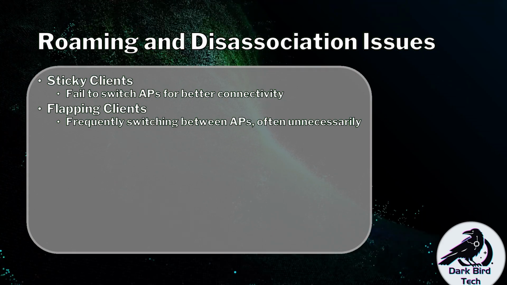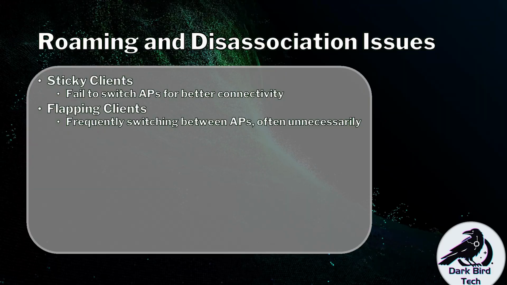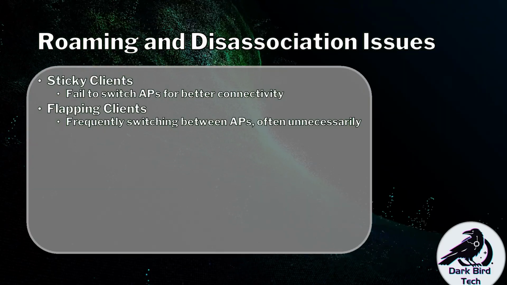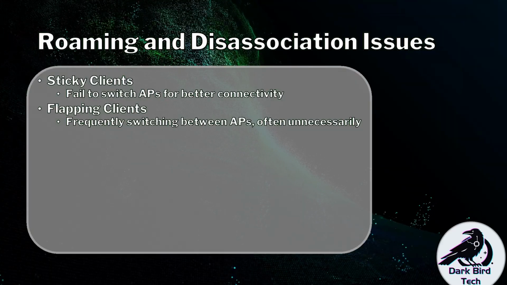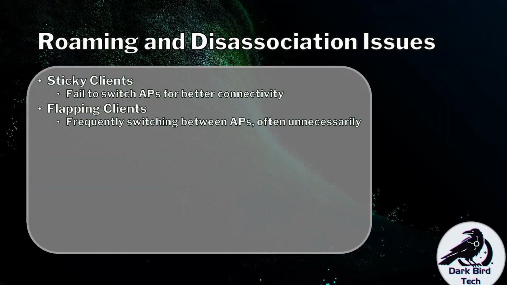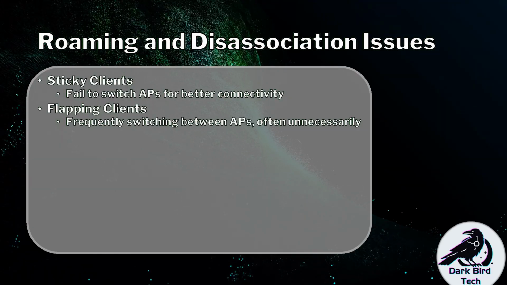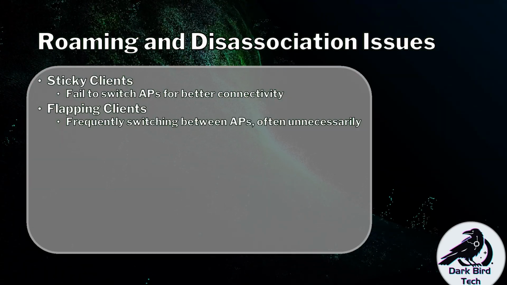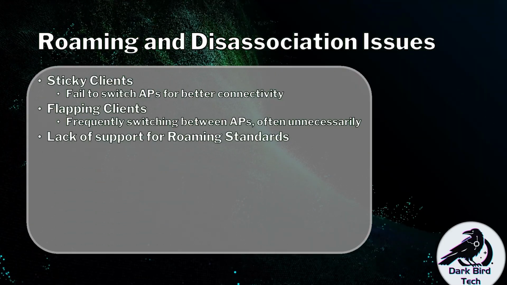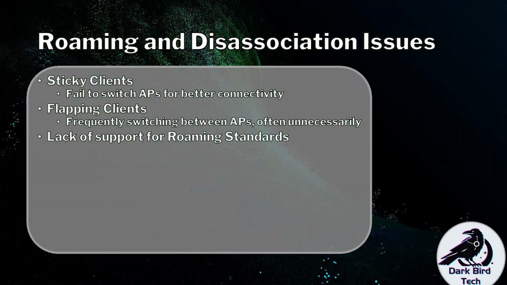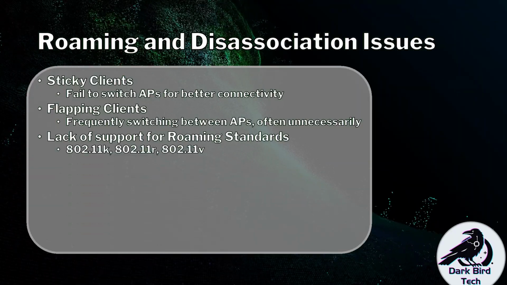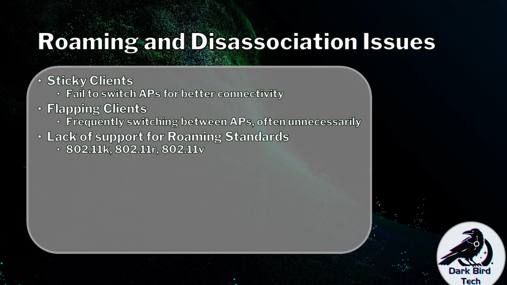Now, a flapping client might just be a result of the person sitting at the exact perfect balancing point where two overlapping APs of coverage area are providing the exact same signal strength, and the client's not moving any closer to one or the other. So it might alternate between the two. That'll be fun. It could also be that your access points lack support for an appropriate roaming standard, or even the clients might also be the issue with the roaming standard. The three main standards for roaming are 802.11k, r, and v.